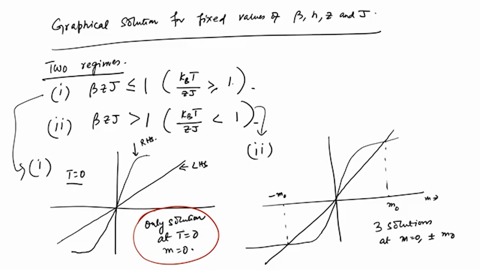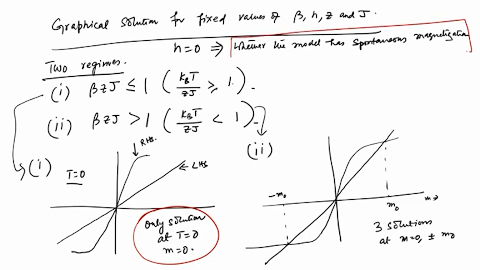But very importantly, I forgot to mention this, please take note that we are talking about now h equal to 0 and exploring whether the model in any dimension has spontaneous magnetization.